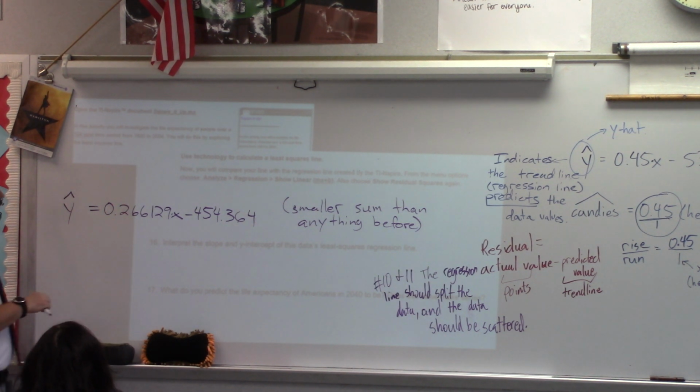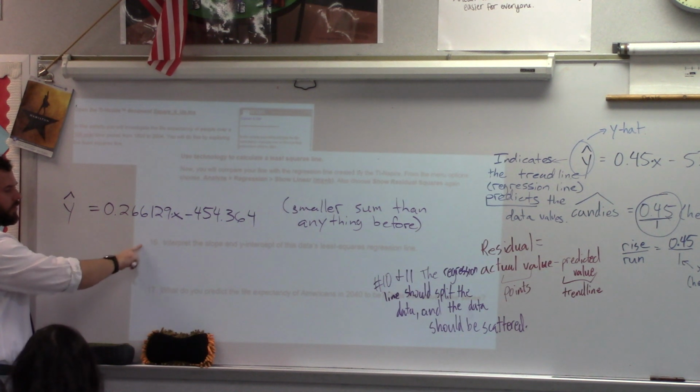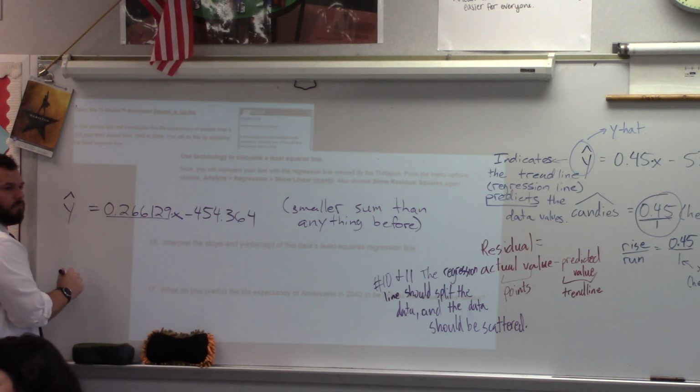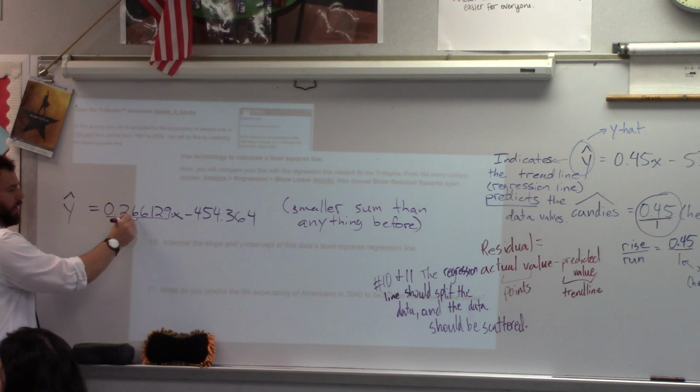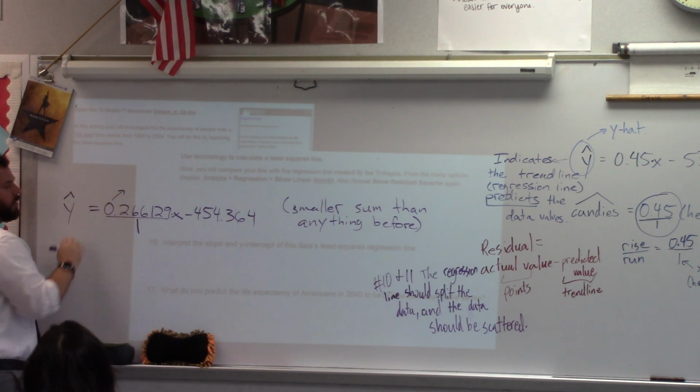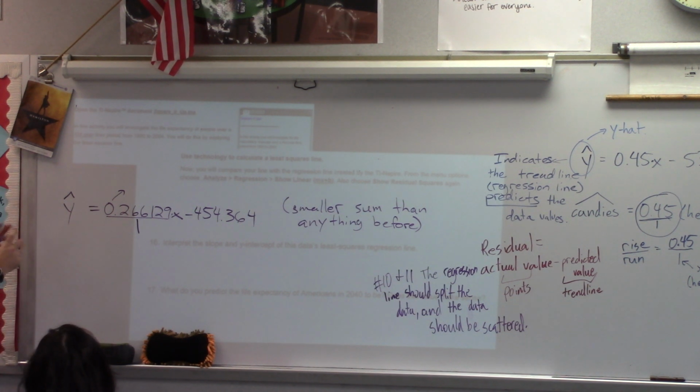Right, so under number 16, interpret this slope. Don't forget, this is divided by 1. So my slope is my rise over run. What is the y value in the data set?